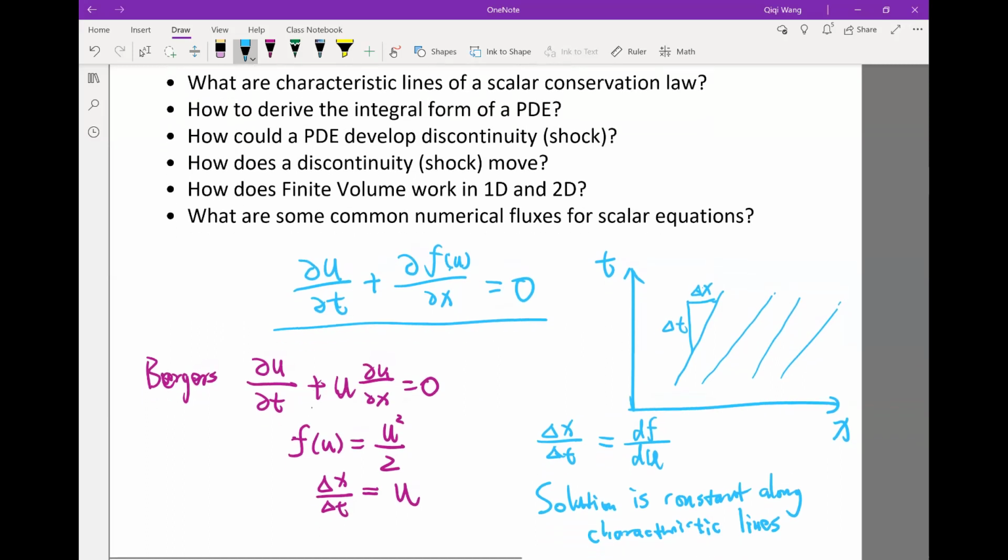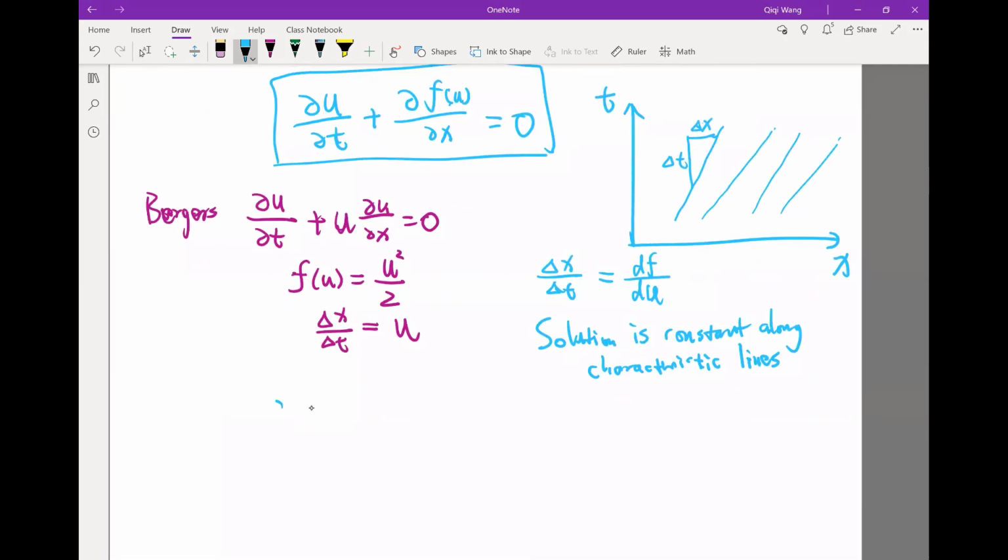So now, how do you derive the integral form of a PDE? The integral form can be easily derived from this type of conservation law PDE, because when you integrate du/dt over any interval between left and right, you get the derivative of the total integral between these lines.